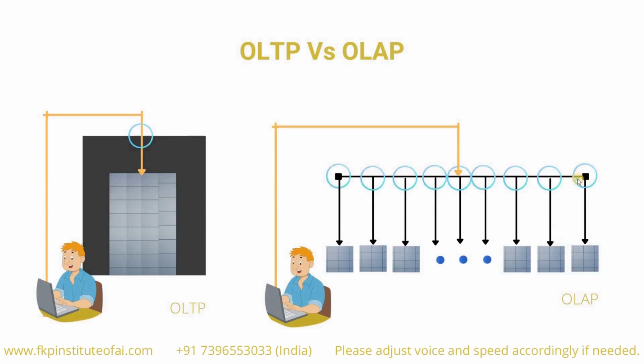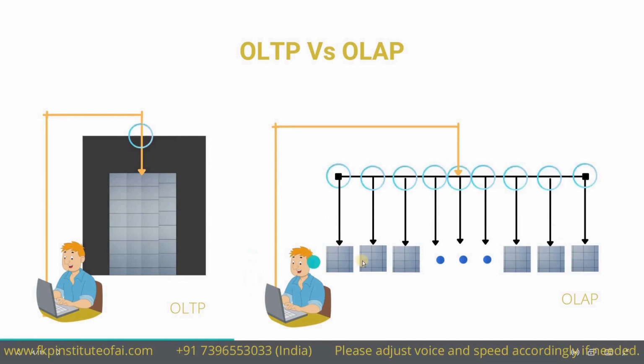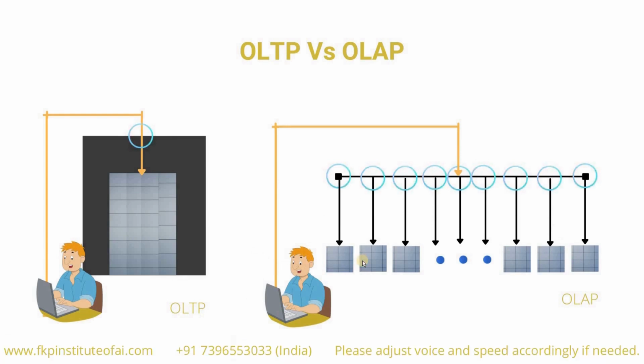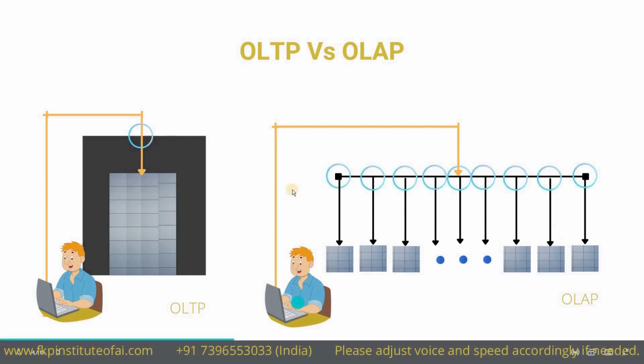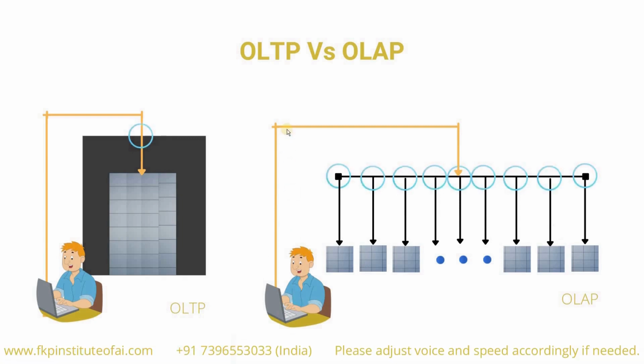That's why in OLAP systems, we have n number of processors and there are n number of disks. So let's take the same example where I have an employee table. Now I am going to insert 100 records. Let's see how the 100 records get inserted and retrieved from the database. Whenever you are inserting records in shared nothing databases, records will be distributed among these disks.